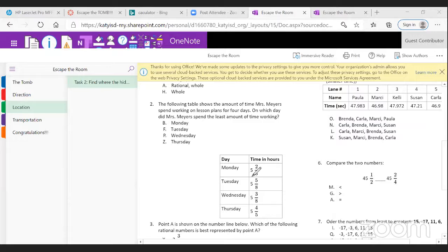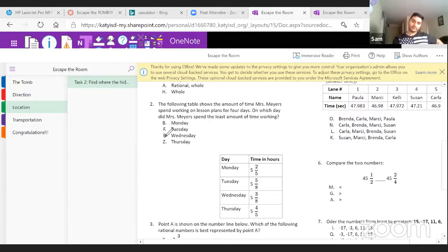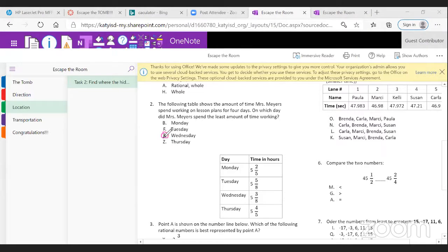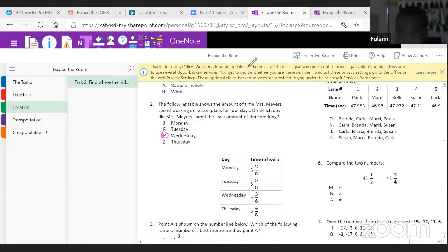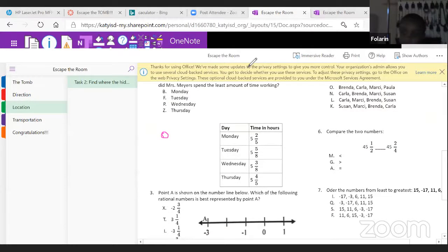And then the last one, 4/5, 5.8. Okay, so the least number of hours that she worked was the one that I did, Wednesday. So Wednesday.